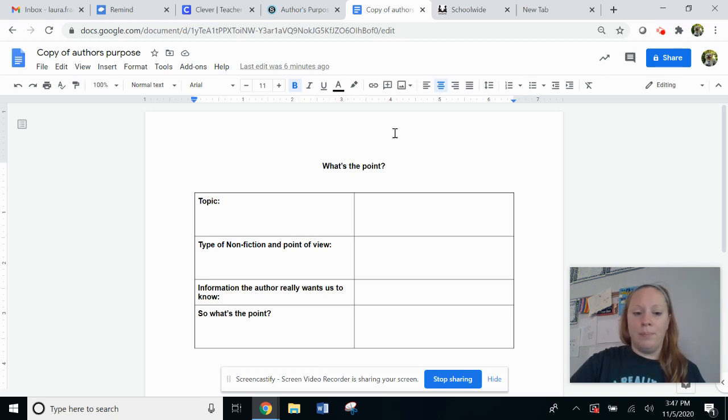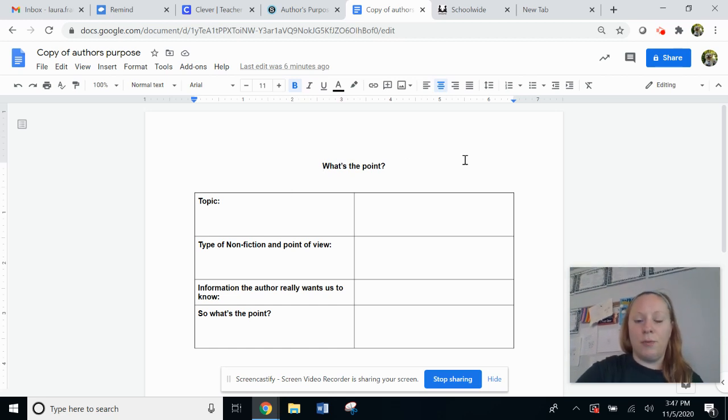So our job is going to be taking apart this piece of writing and seeing if we can figure out what the author's purpose for writing it was. So we see here that we have the topic, the type of nonfiction, and the point of view, information the author really wants us to know.